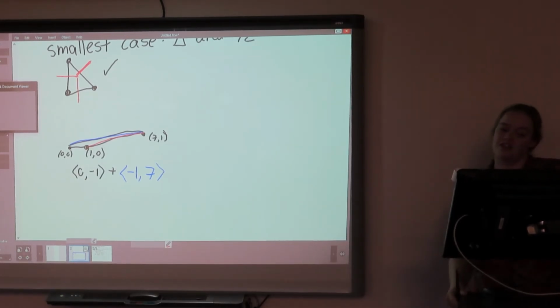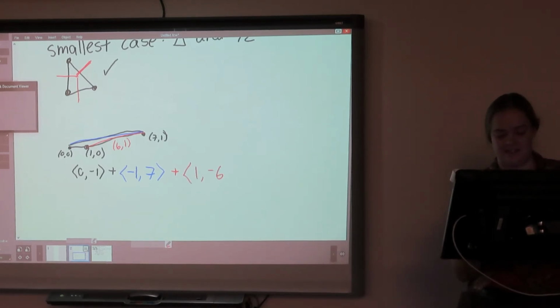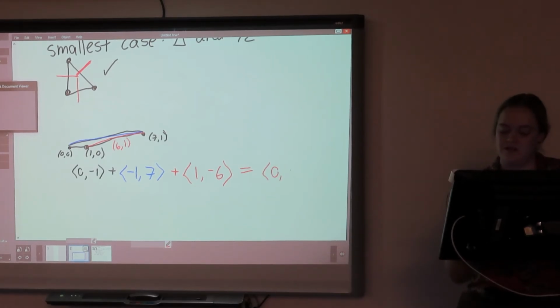This edge is going in the direction 6, 1. So something perpendicular to that is 1, negative 6. And so if we sum these up, we get 0, 0. Something perpendicular to this new polygon would be balanced, which is good.